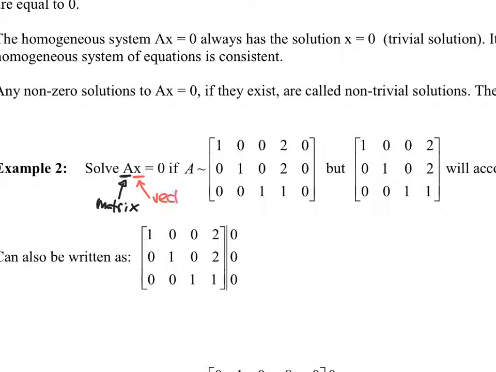Matrix A, then vector x. Terminology and notation are really important because people who sit for this test don't familiarize themselves with that. They just can't get past the fact that it looks like an algebraic expression.